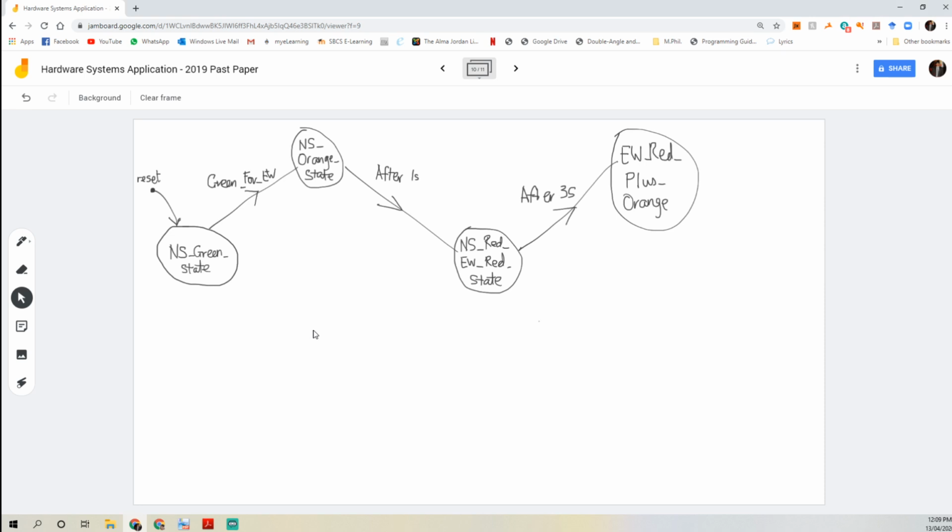All right, so now we're going to have this transition after 2 seconds to our east-west green state finally.